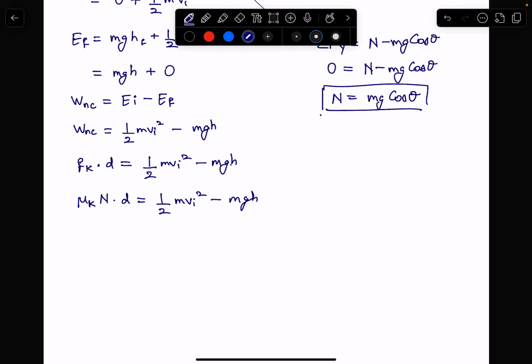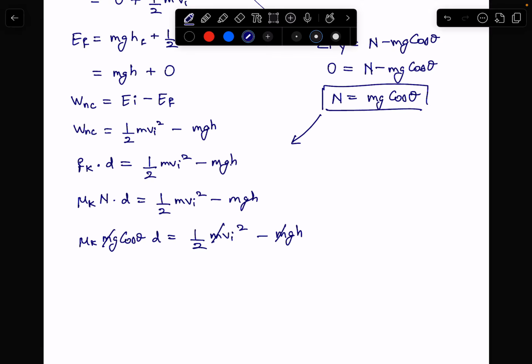So substituting that here, I get mu k mg cosine theta times d is equal to half mv initial squared minus mgh. So m is common throughout, so m gets cancelled out. And what I'm asked about is d. So let's keep d as it is.